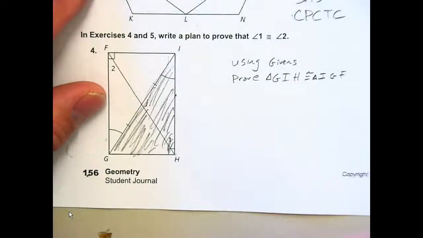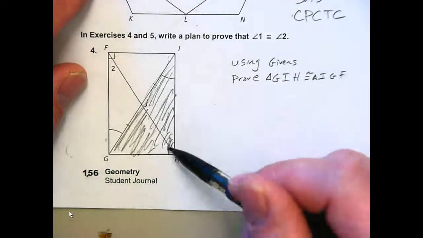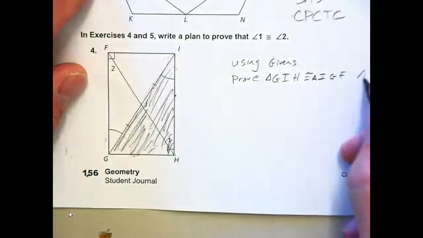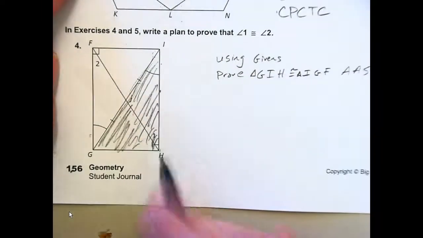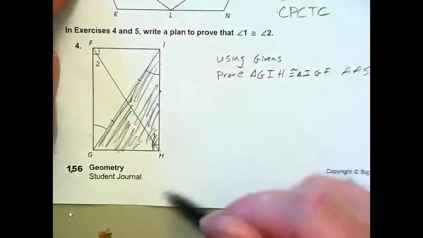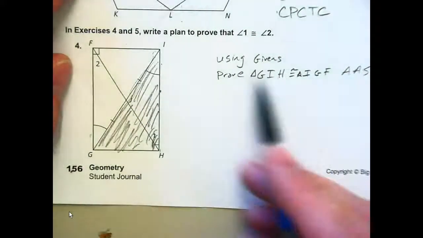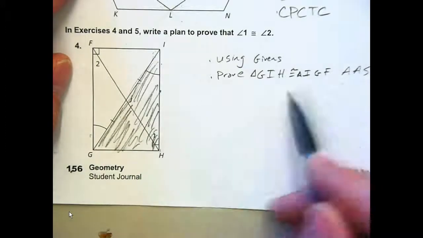Someone else. Yeah, angle, angle, side. Now, we'd obviously have to state a lot more than that. Like, we'd have to talk about all right angles being congruent. We'd have to talk about two sides being equal. But when we're just stating a plan, we can say, hey, we're going to use our givens, and then we're going to prove that these are congruent.